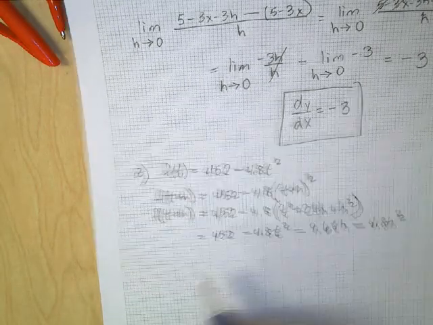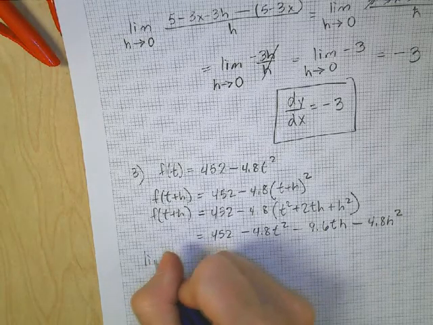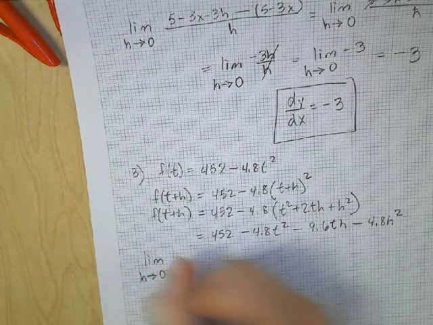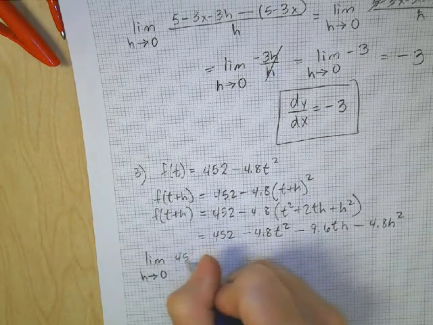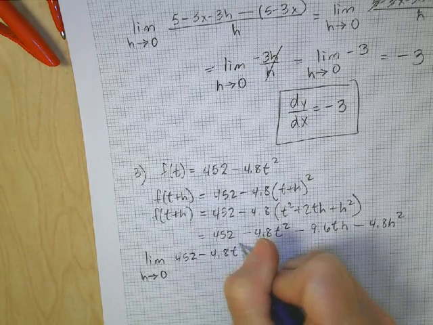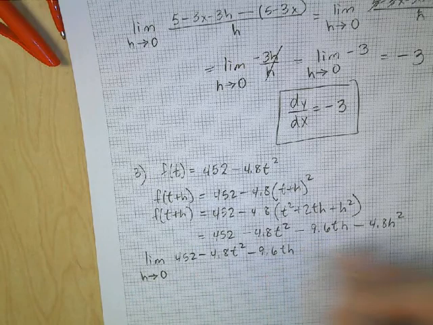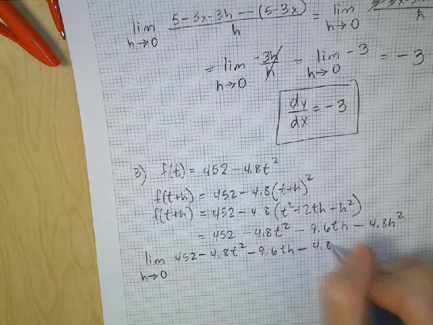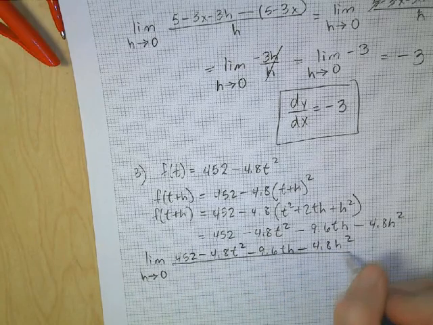Okay, can I combine anything? Nope. So now I'm going to do my limit as h approaches 0 of 452 minus 4.8 t squared minus 9.6 th minus 4.8 h squared, all divided by h.